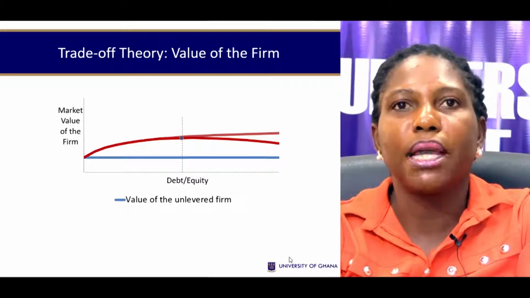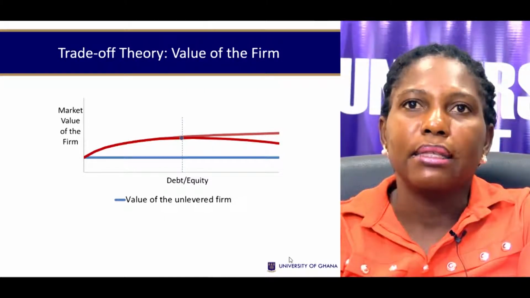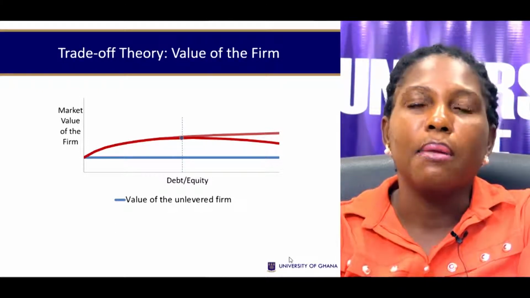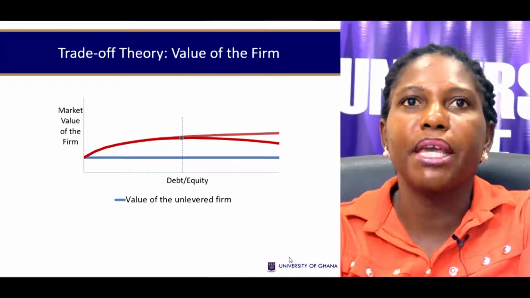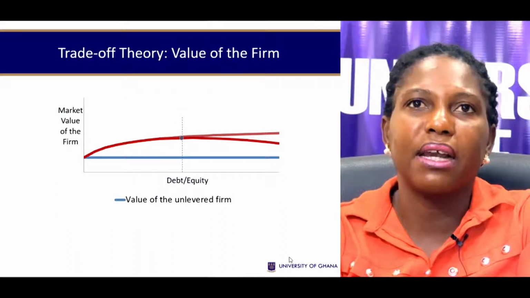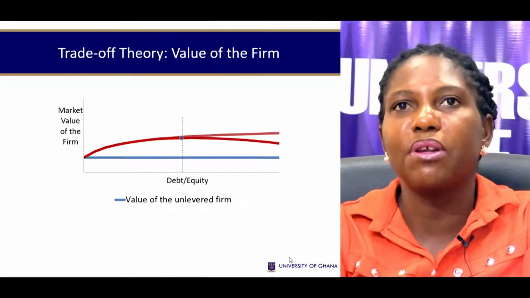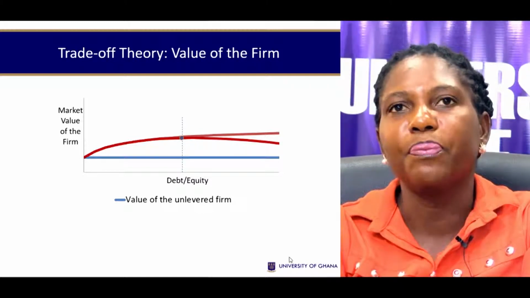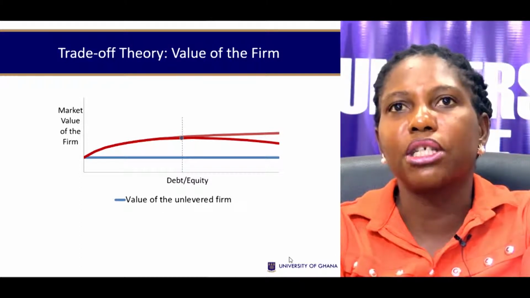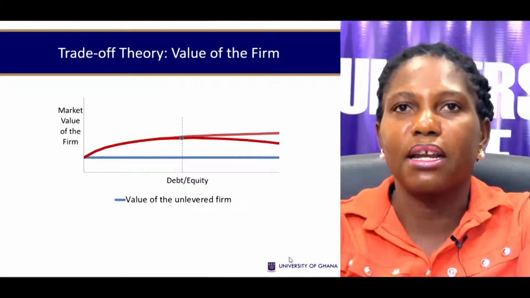For as long as we begin to borrow and we are making more gains from the tax shields being generated, the firm can continue to borrow. But at the same time, the firm begins to incur financial distress costs. In incurring the financial distress cost, which of course has negative implications on the value of the firm, the trade-off point is attained when the benefits from the tax shields are completely offset by the negative implications of the financial distress cost.